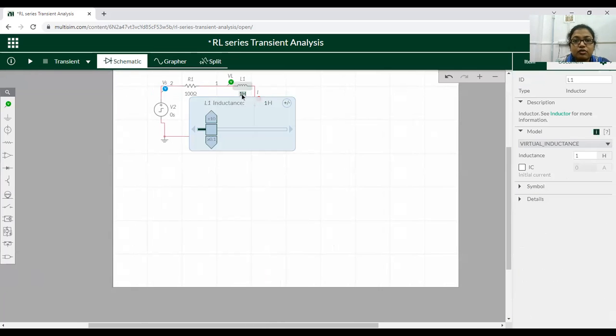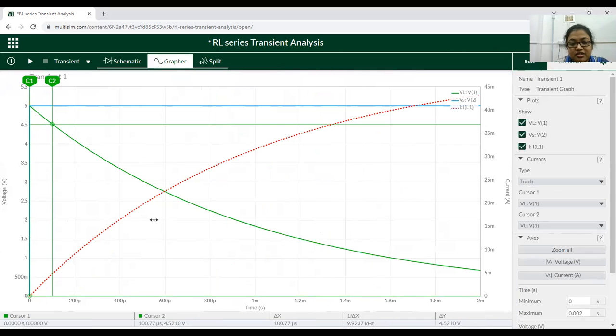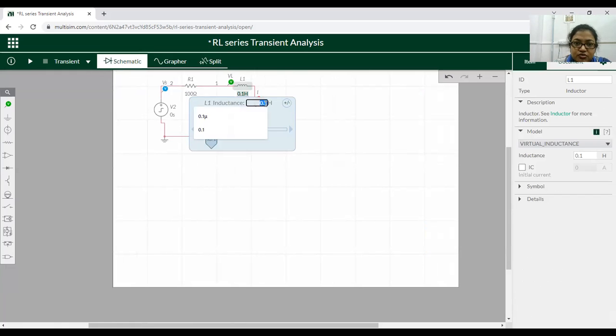Further, if I want to change it, we can put 0.01 and 0.1 Henry, and if I do the transient, now we are getting the output, but it's still flat. Now if I use 0.001, let's see what changes we can observe.